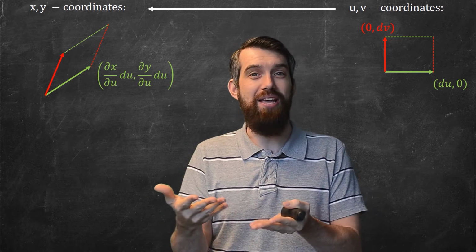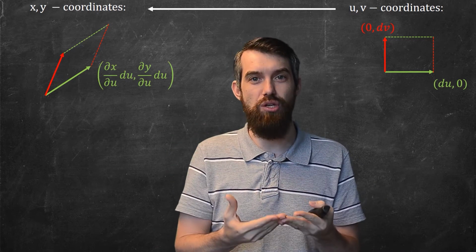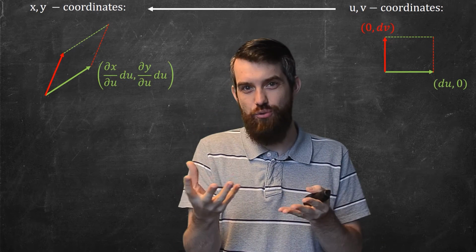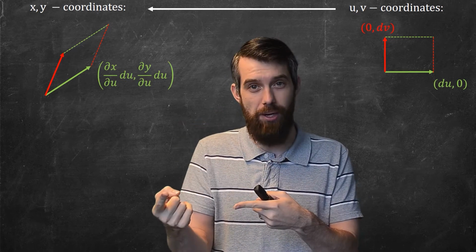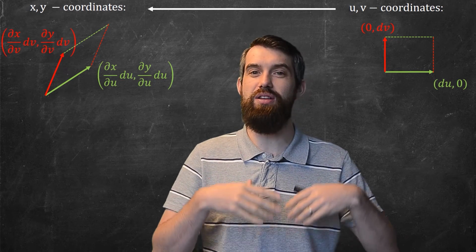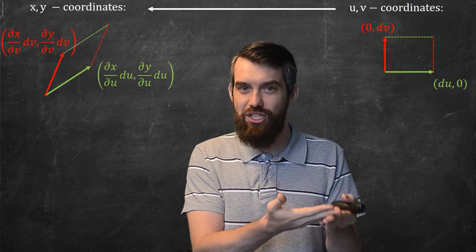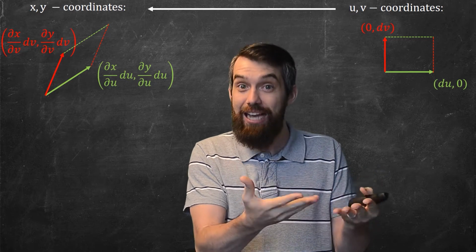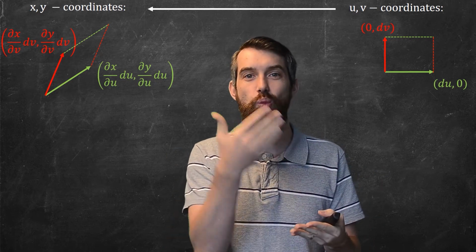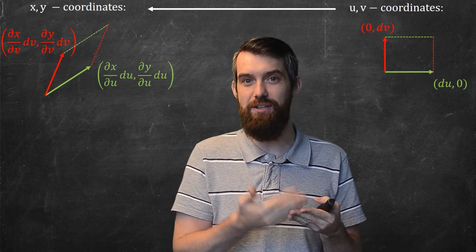And likewise for y, it's the partial of y with respect to u times du. So these are the little nudges in the x and the y direction that result from nudging u a little bit. And then likewise for the red vector, you get a similar kind of construct. The nudge in the x direction is just the change in x with respect to v times this dv, and the change in the y direction is the change in y with respect to v times dv.